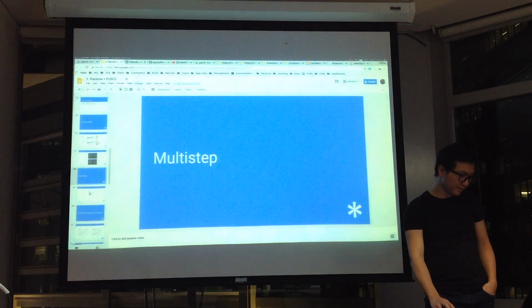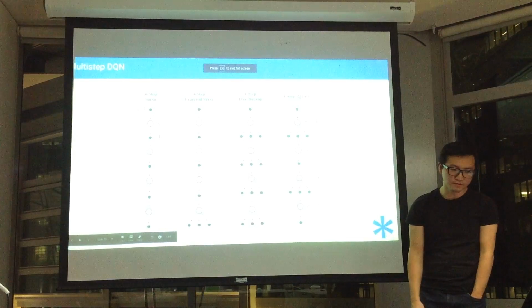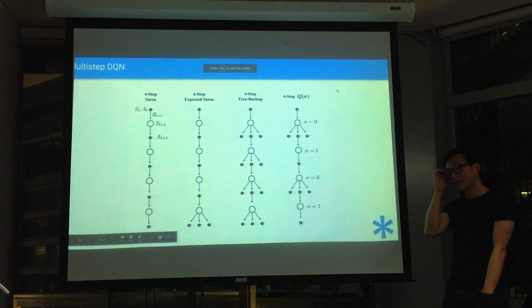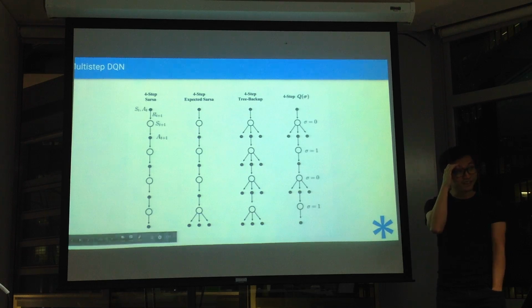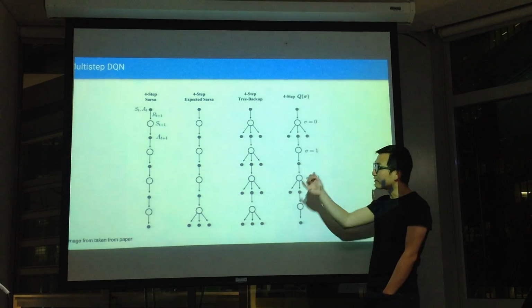Okay, so multi-step. It's also pretty much extending on existing concepts, but just applying it to DQN. There are different variations.